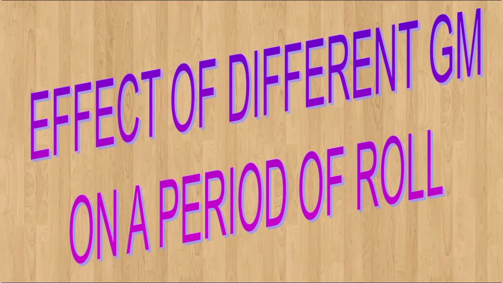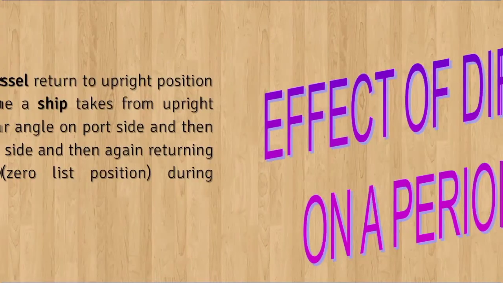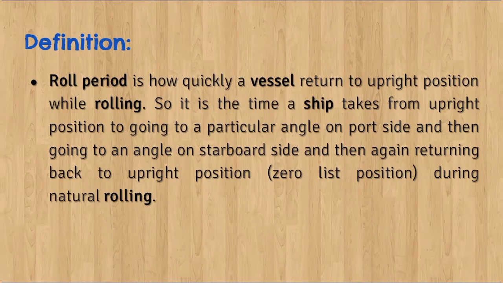ships rolling. Alright, so let us define first what is a rolling period, which is how a vessel quickly returns to its upright position while it is rolling. In other words, it is the time a ship takes from the upright position.